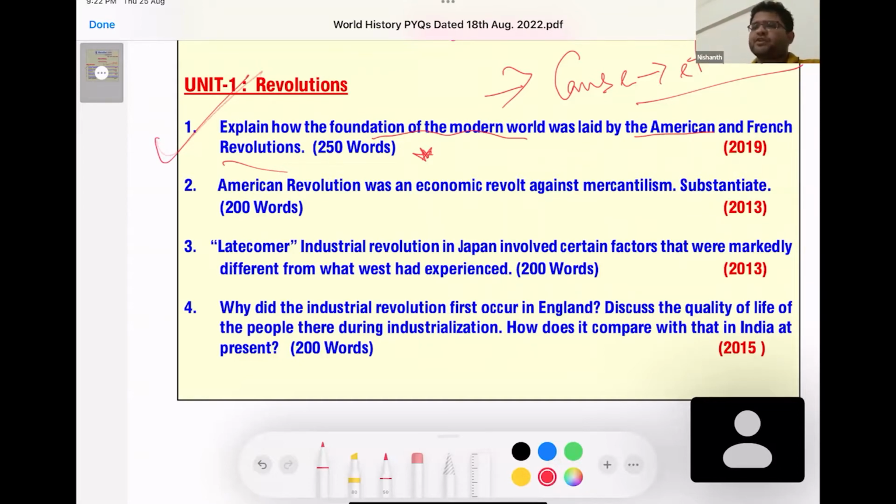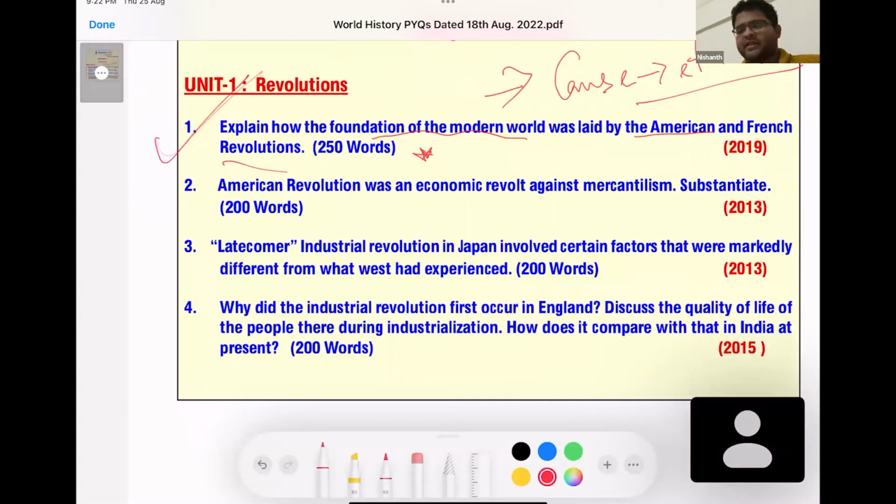And both these revolutions, though they had reasons to fight within those countries, had a profound impact on the subsequent world order and world political systems.